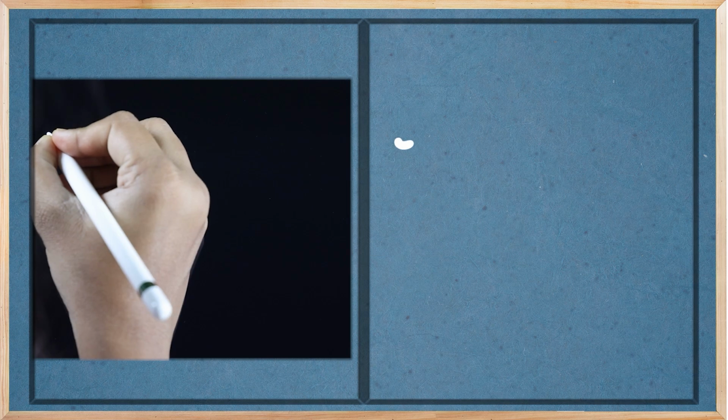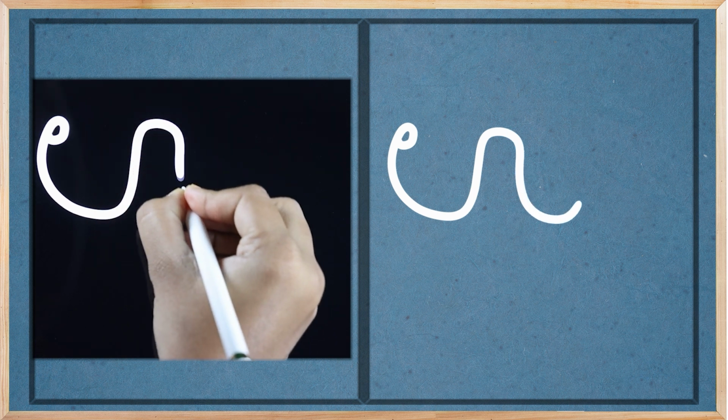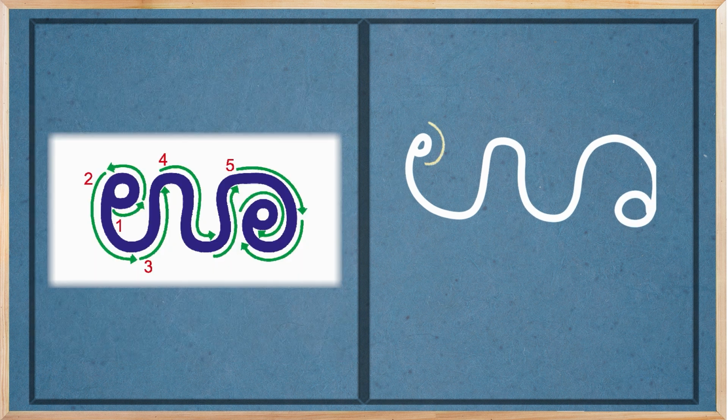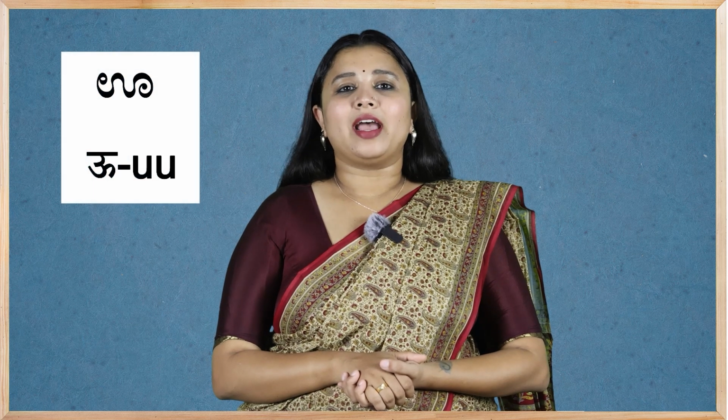Oo. Start with U and extend the inverted semicircle into a small loop below. This letter corresponds to U in Devanagari and is pronounced as Oo.